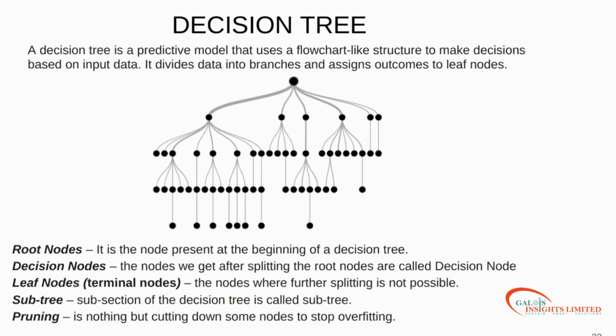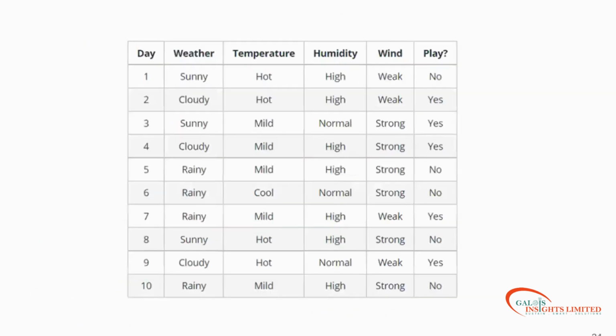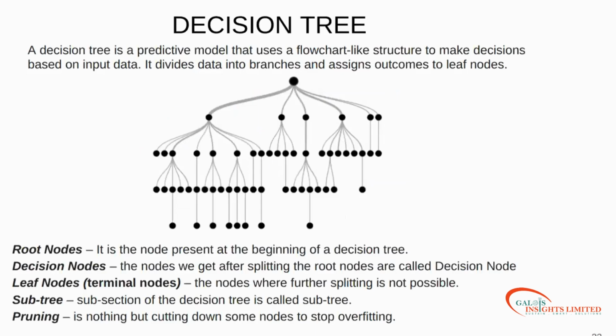So you have a data set that looks like this, and what it does is cut the data set into two, and keep asking questions. Based on that, it checks the purity level of the data points, and then uses that purity level to split the data set. The decision tree is very robust. It's one of the interesting algorithms that have been developed so far in this area of machine learning.